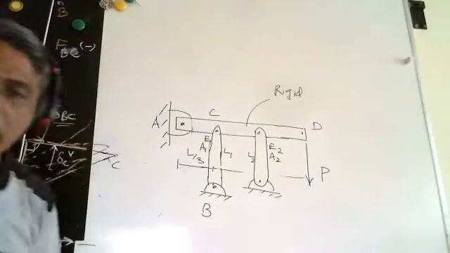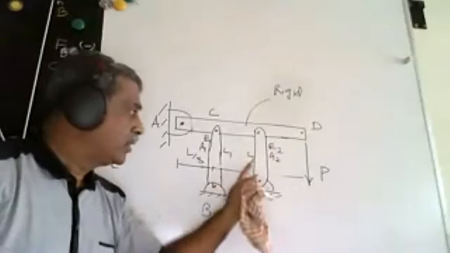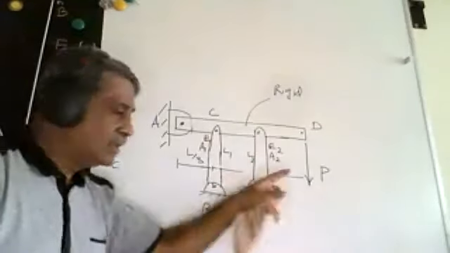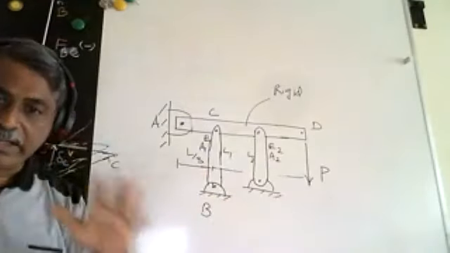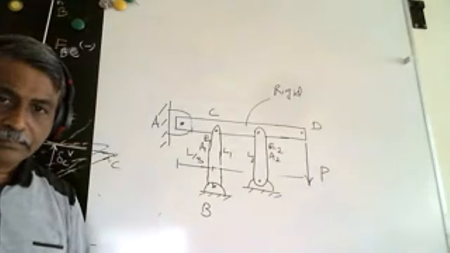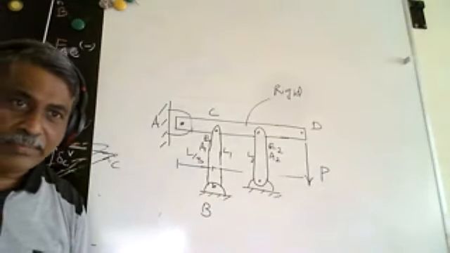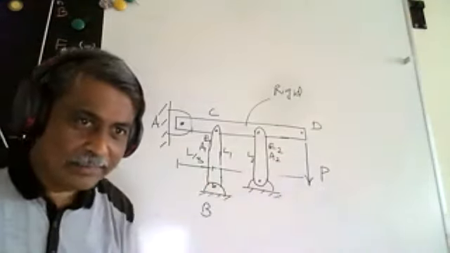The area of cross section, the elastic modulus, length, all these are known about them. Now, how do I solve this problem? That's the question. What shall I do? Any quick answer?